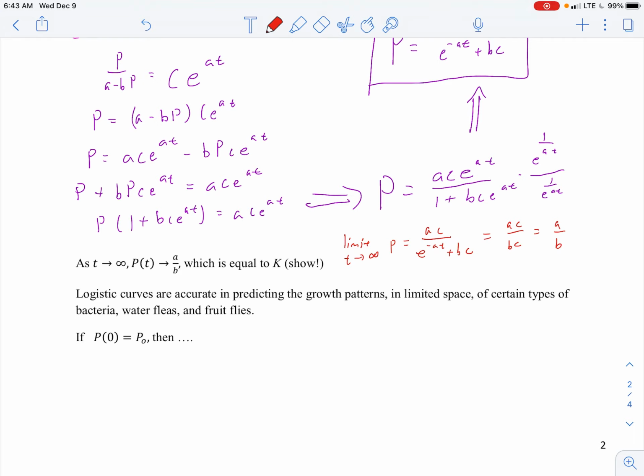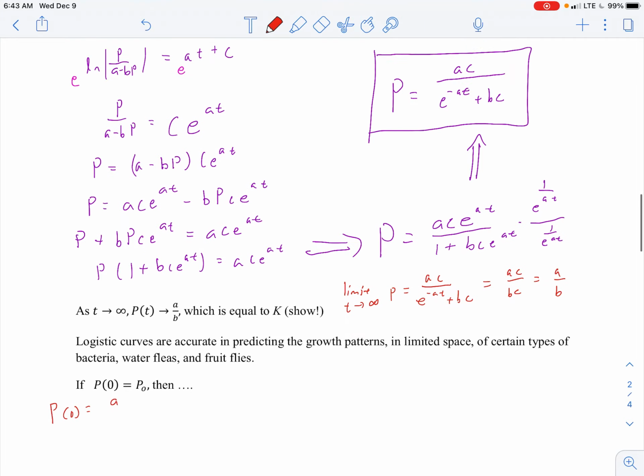Then we can say P sub 0 is equal to our function, AC over e to the negative a times 0, since t is 0, plus BC.